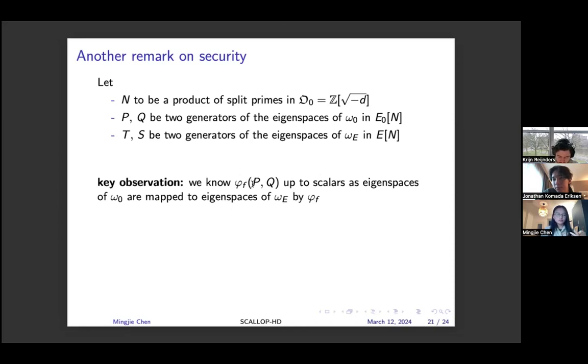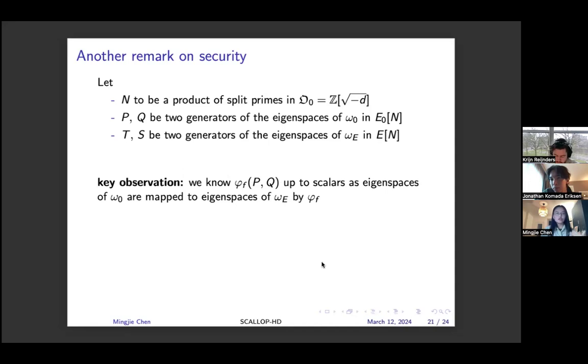That means the evaluation of phi f of P is a scalar multiplication of T, and the evaluation of phi f of Q is a scalar multiplication of S.